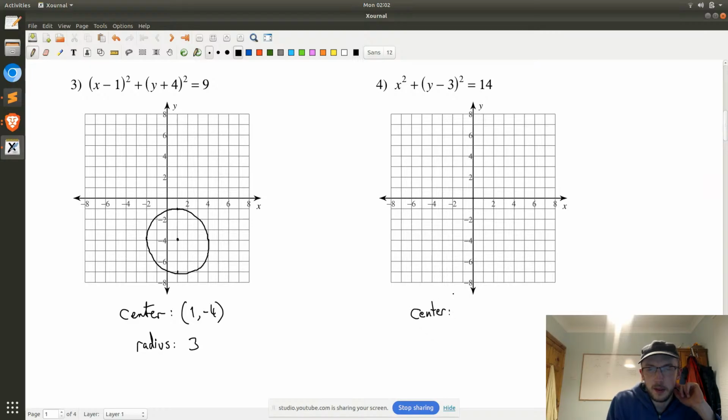Center: in this case, 0 for the x coordinate, 3 for the y coordinate. And the radius is √14, which is between 3 and 4. 3.5 squared is 12.25, 3.6 squared is 12.96, 3.8 squared is 14.44, and 3.7 squared is 13.69. So it's about 3.7 or 8.